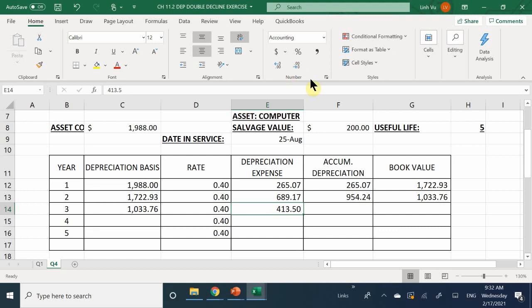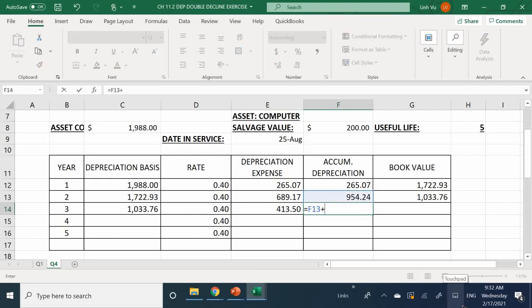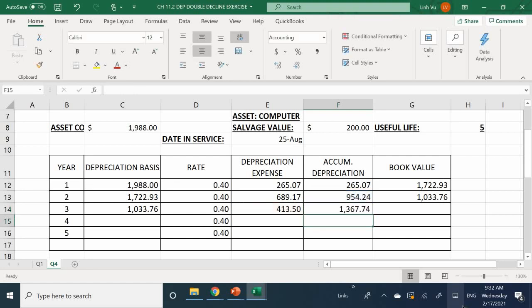Okay, so now that we have the 413.5, what is my accumulated depreciation here? 1367.74.